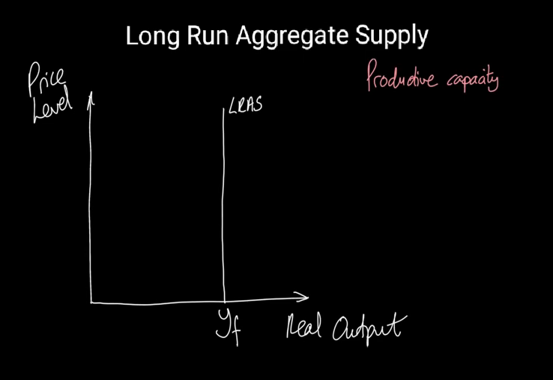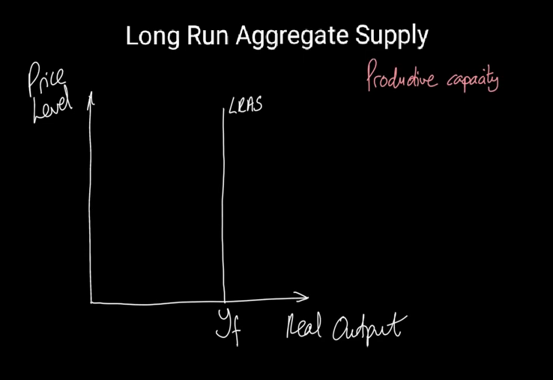So what this diagram is basically telling us is that there is a level of real output for each economy, YF, which cannot be exceeded given the resources that they have at the moment. So the capacity of the economy is YF. The productive capacity of the economy is YF with the factors of production which they currently have.